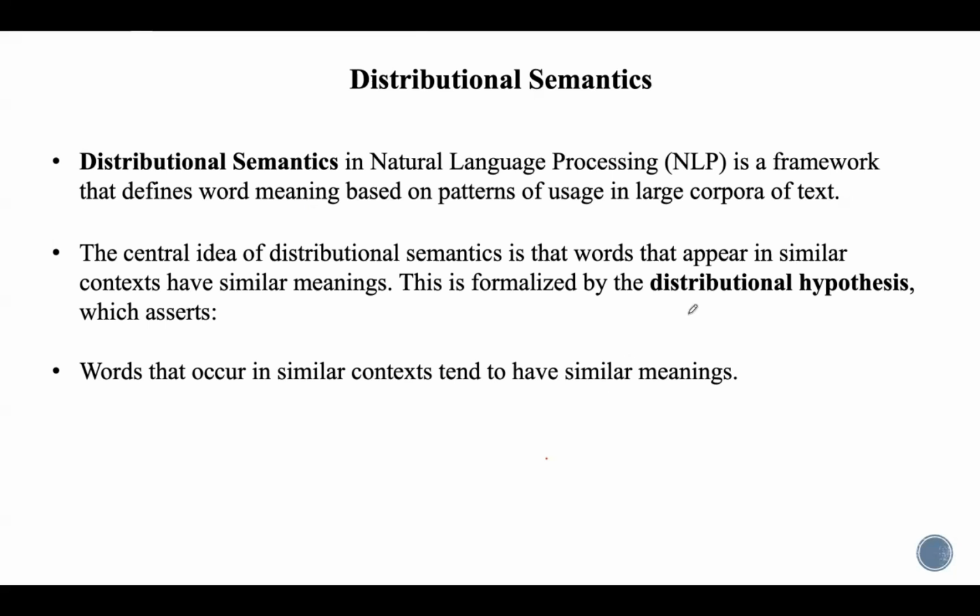This is mainly formalized by the distributional hypothesis, which asserts that words that occur in similar contexts tend to have similar meanings. For example, the words cat and dog often appear in similar contexts. Both might co-occur with words like pet, animal, tail, or fur, which suggests that they have similar meanings in certain contexts.